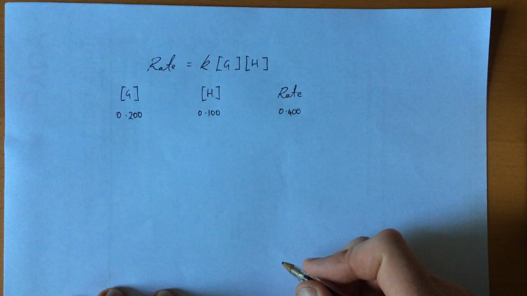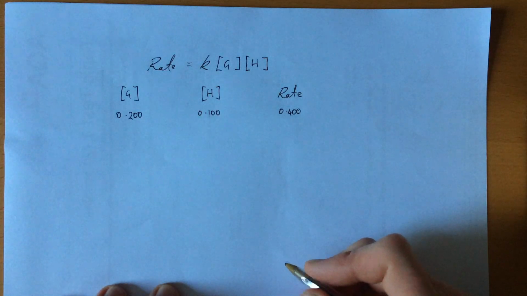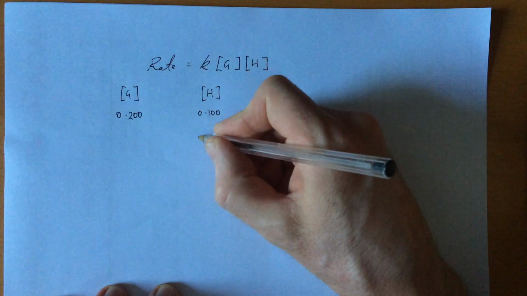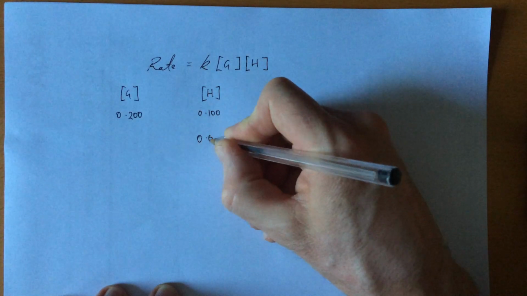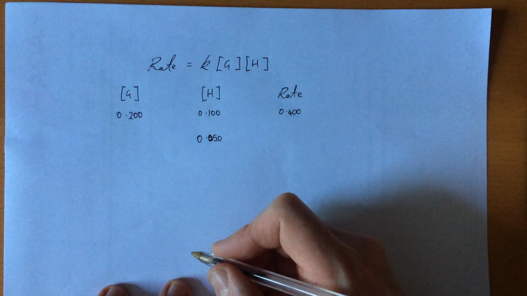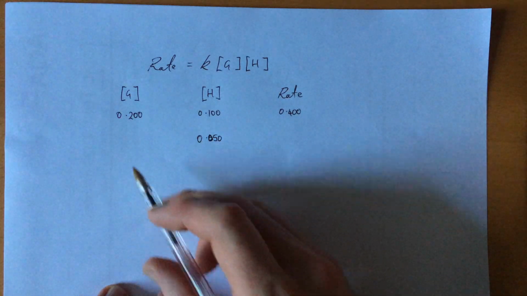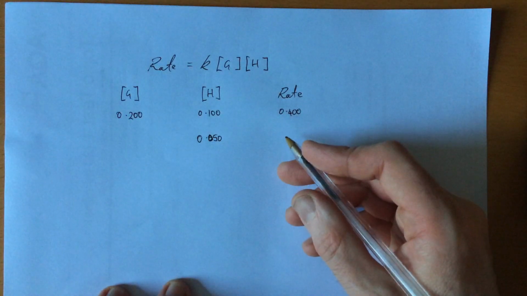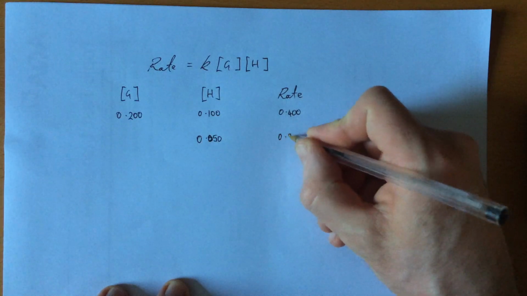Then the first example that we're asked to find something out about is where we're given a concentration of H, which is 0.05, and we're trying to find the concentration of G, and we're told that the rate is 0.2.